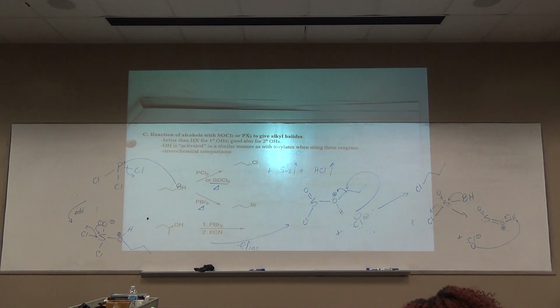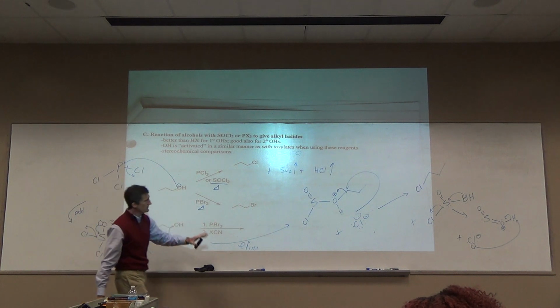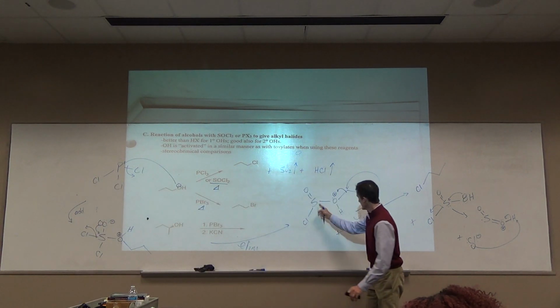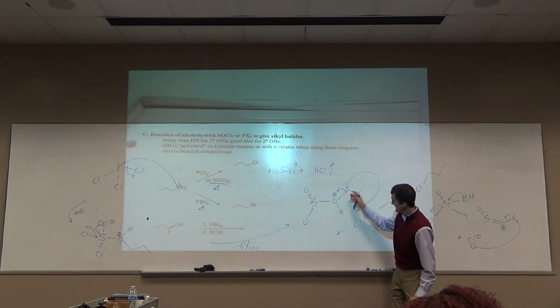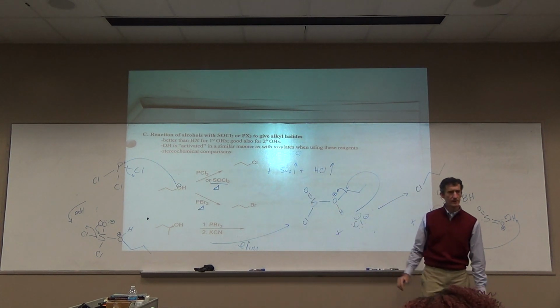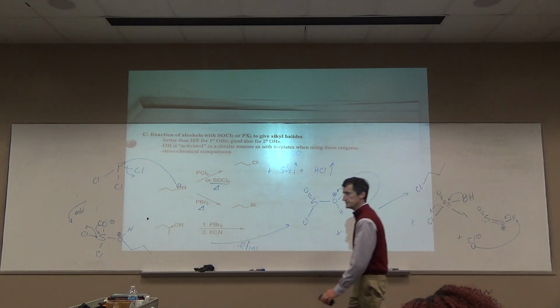You got to kick that off. But then the oxygen is going to become bonded to phosphorus sort of like this. And then the chlorine that got kicked off can come back in and kick off the O-phosphorus. You can look at that on your own. It's probably in your textbook.